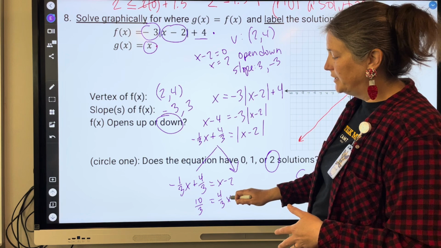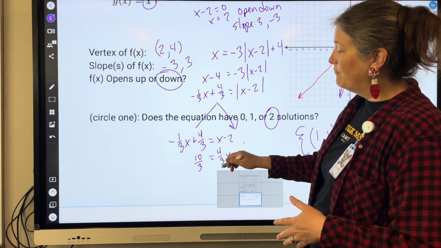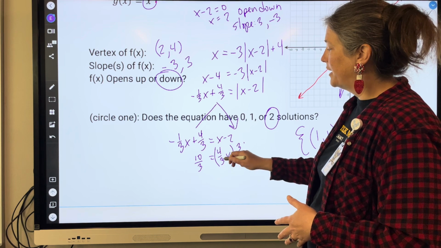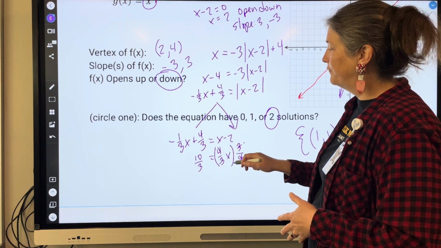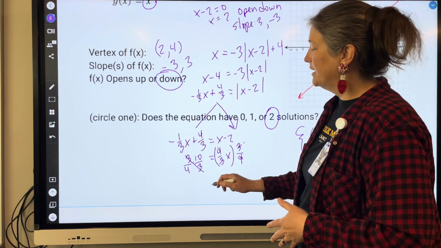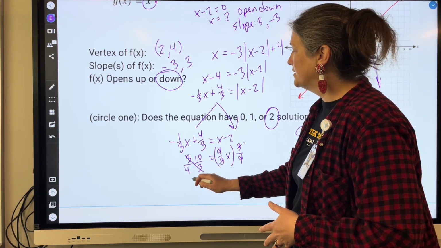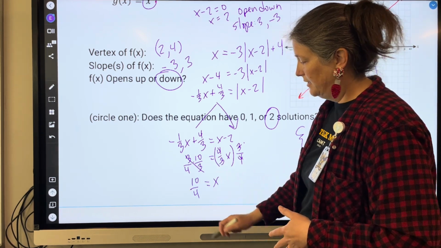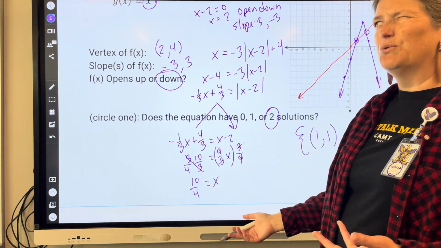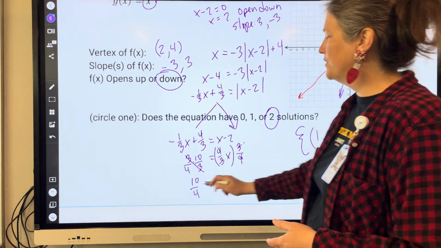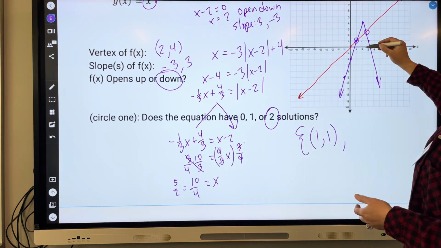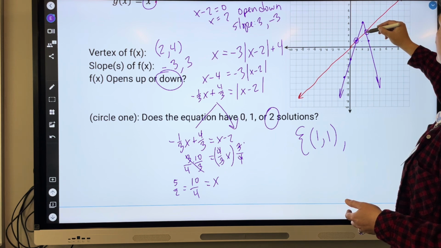Now, to undo this, I'm going to multiply by the reciprocal, 3/4, so that my 3/3 cancels and my 4/4 cancels. Times 3/4, my 3's cancel, and I get that x equals 10/4. 10/4 is 2 and 2.5? Yeah, 10/4 is 5/2, 2.5. So 2.5 is my x coordinate.